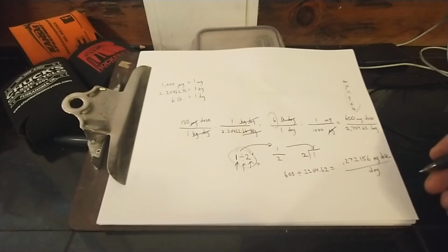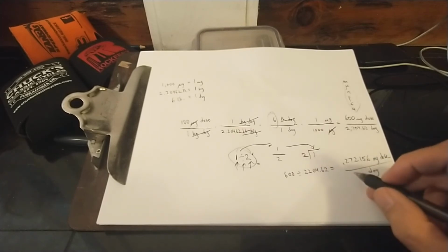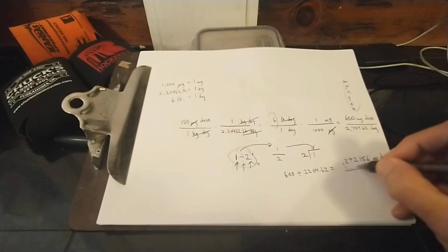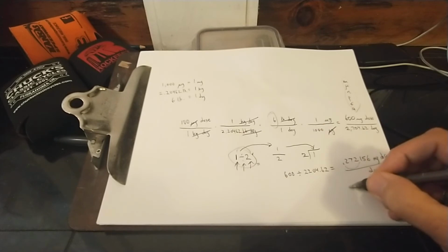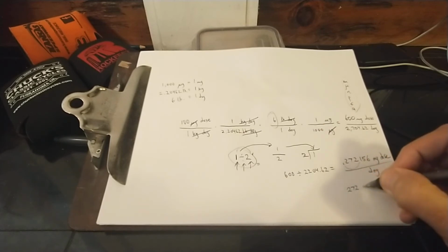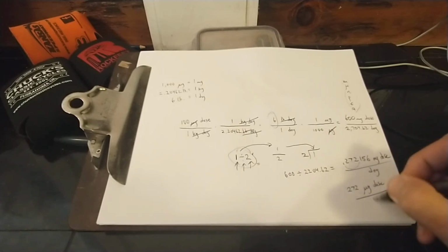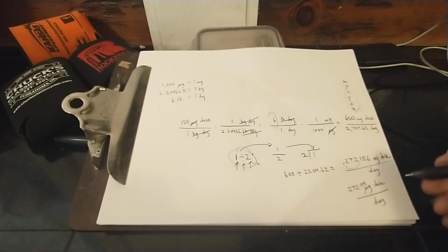That's very specific. I don't know what the significant digits is on this, but there's a reason they gave the dose in micrograms, because once again, you can move that decimal back right over here. We undid it in our math, but that's 272 micrograms dose per dog. Well, 0.156, of course.